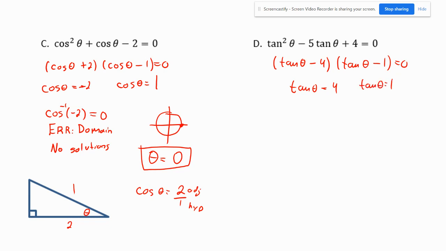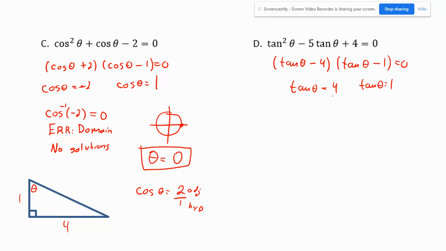Now we're going to see it is possible to have a tan value that's bigger than 1. So if this is my angle here, and tan is y over x, or opposite over adjacent, if this was 4, this was 1, well, this is definitely possible.